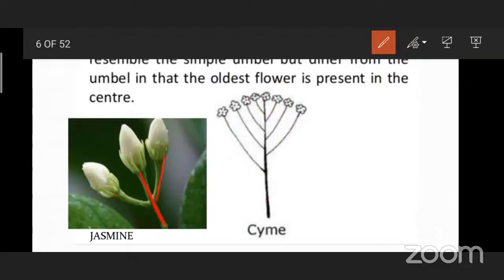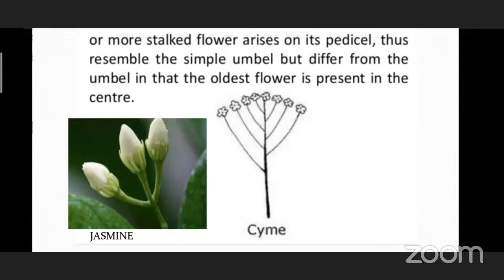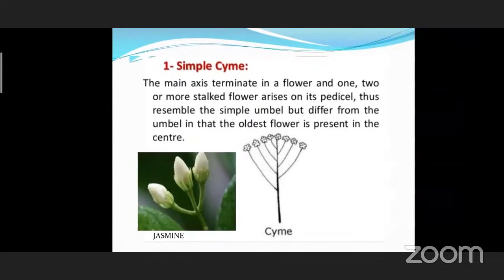Two or more stalked flowers arise on its pedicel. The oldest flower is present in the center. This is simple cyme or cymule.